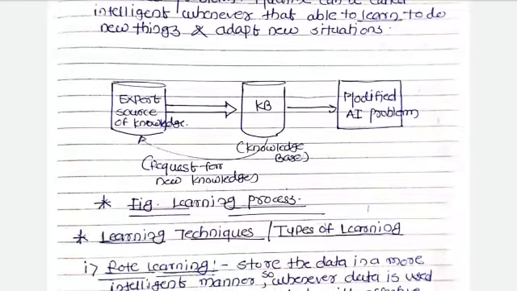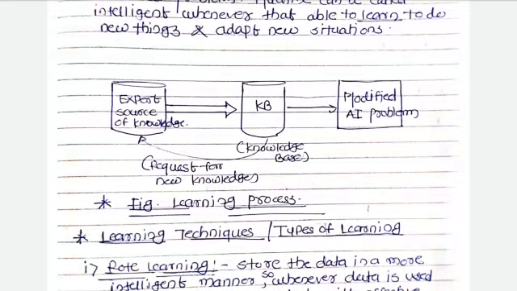The expert source of knowledge is the knowledge base and the modified AI problem. Now, what is a knowledge base? A knowledge base is nothing but a database or information storage. This information comes from the experts. For example, E-MYCIN is an expert system for medicine, so this expert system has the knowledge base of medical experts.